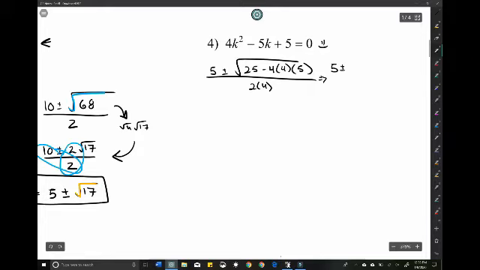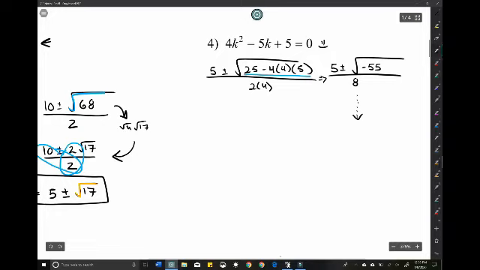5 plus or minus the square root. I'm going to do all this in my calculator. 25 minus 4 times 5, oh boy, negative 55. What? All over 8. Don't let that scare you.